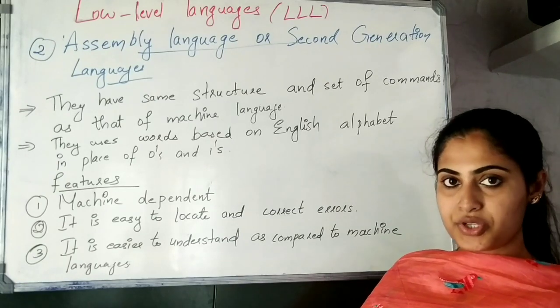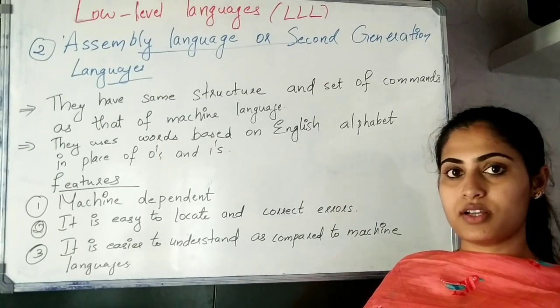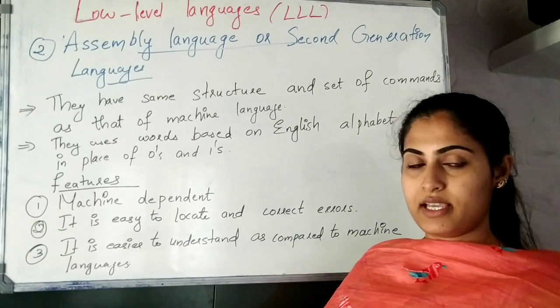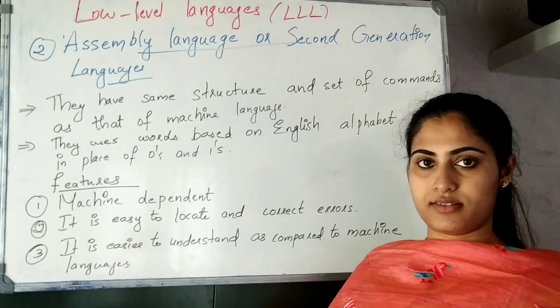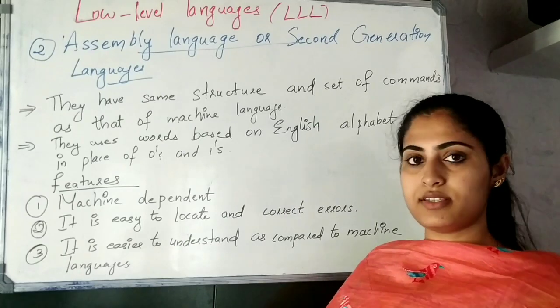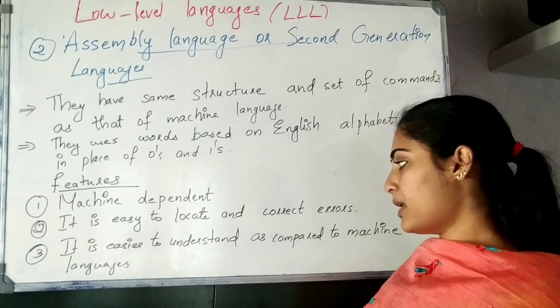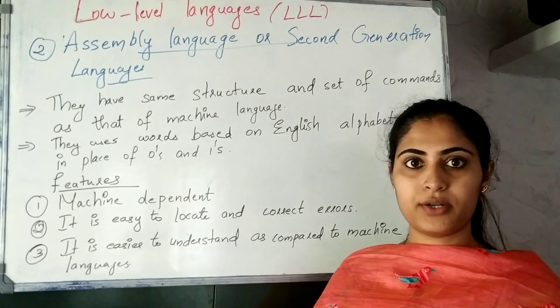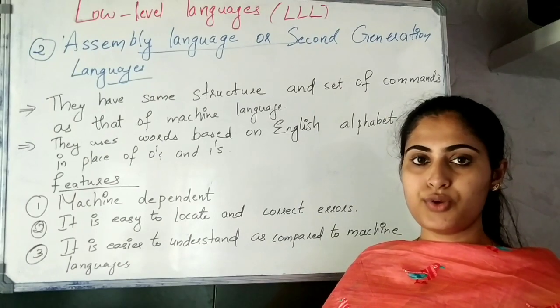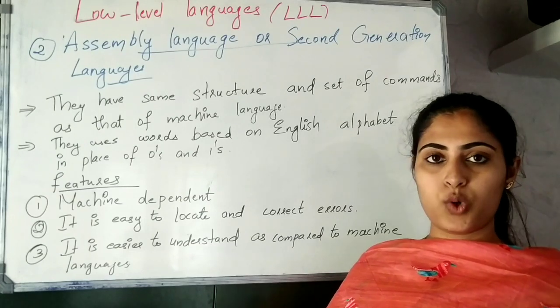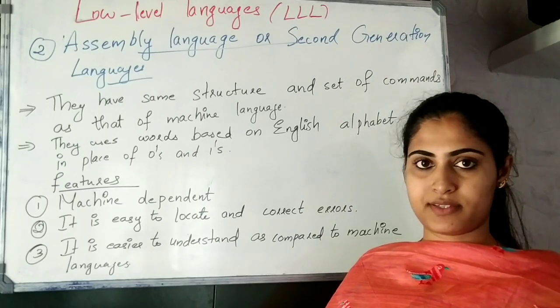So the features of assembly language: first, it is machine dependent. Second, it is easy to locate and correct errors. Third, it is easier to understand as compared to machine languages, because they use some words from English alphabets.